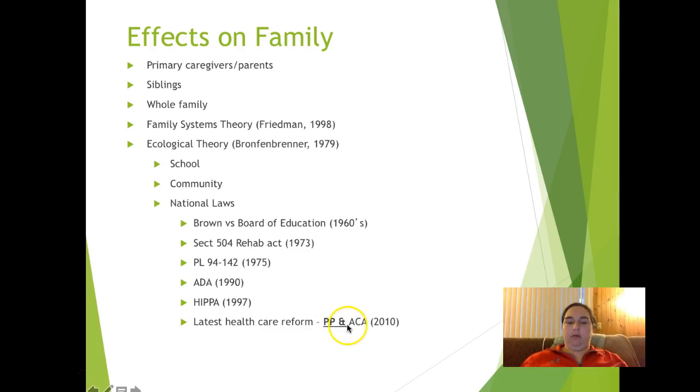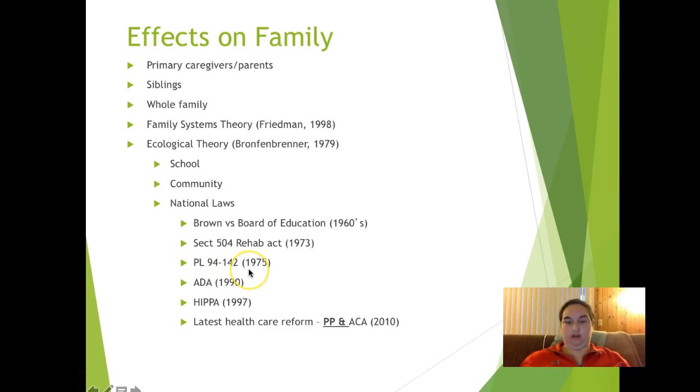Patient Protection and Affordable Care Act in 2010. That's the Obamacare Act, but a lot more things went into that affect kids with chronic illness and pre-existing conditions and access to insurance, and ADA access to employment.